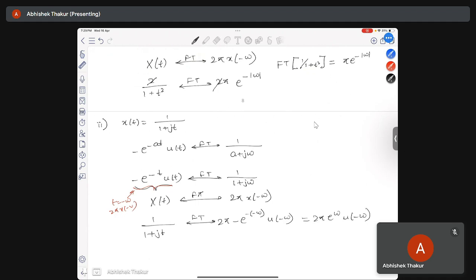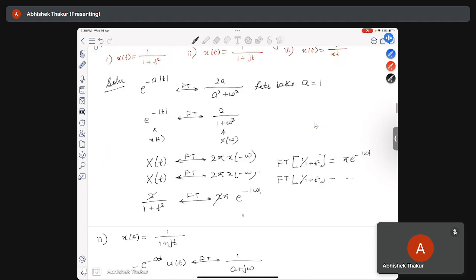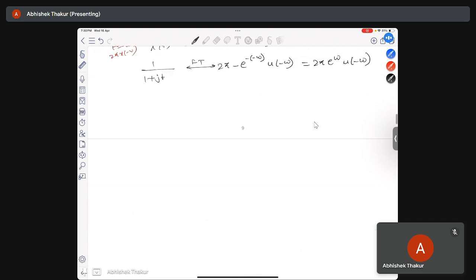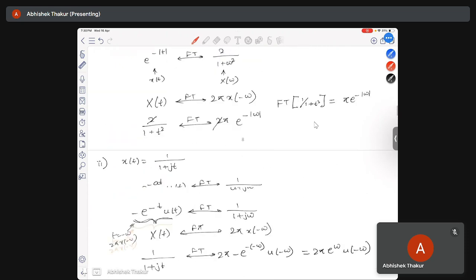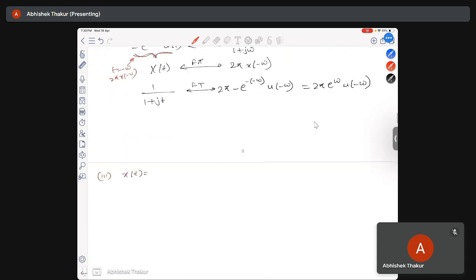Okay. Now the third question is x(t) equal to 1 by πt.